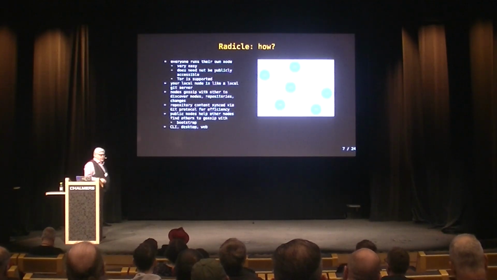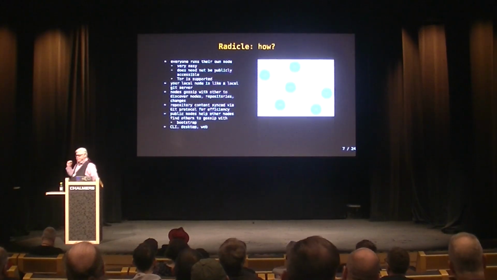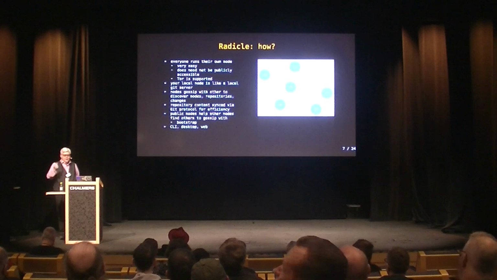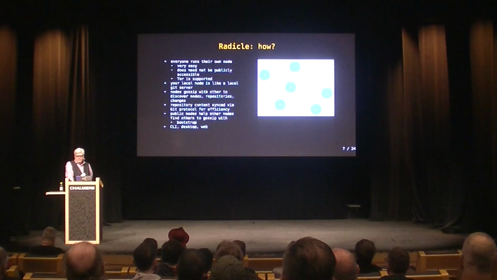From a user point of view, the node you run is your Git server. So you pull from there, you clone from there, and you push there. And your node then talks to other nodes over a gossip protocol and the Git protocol.